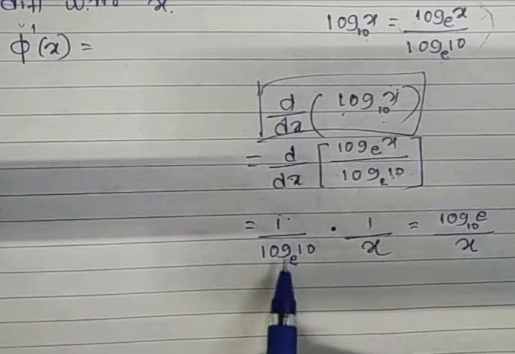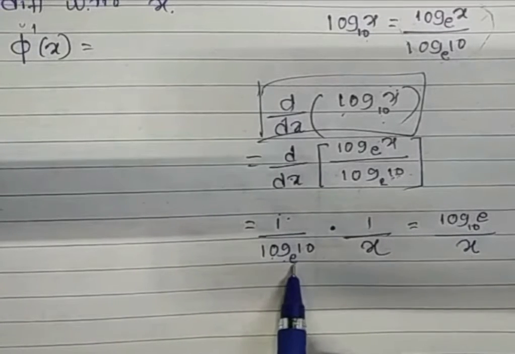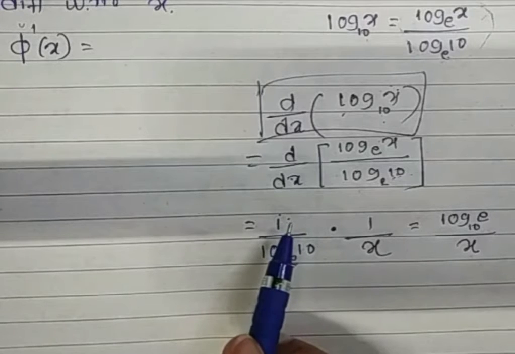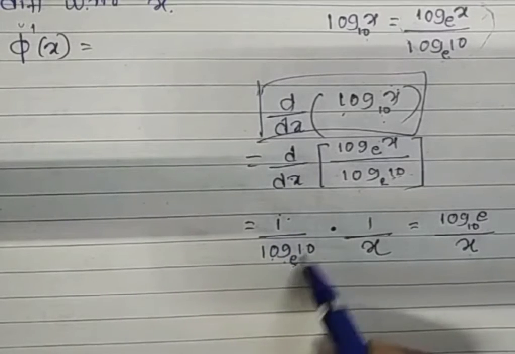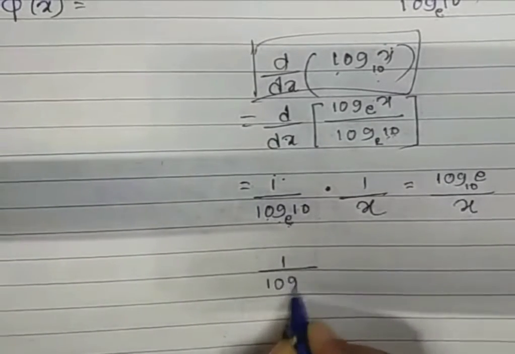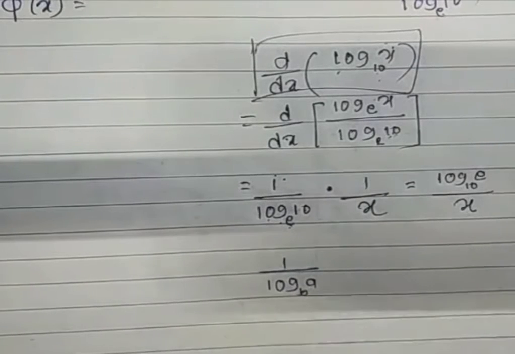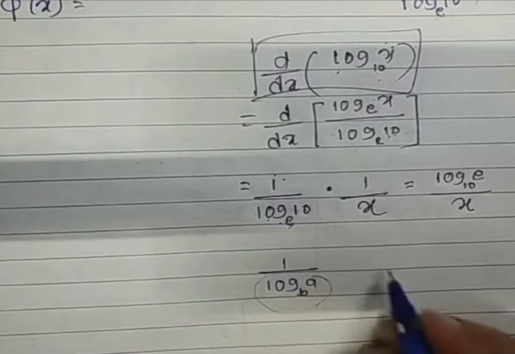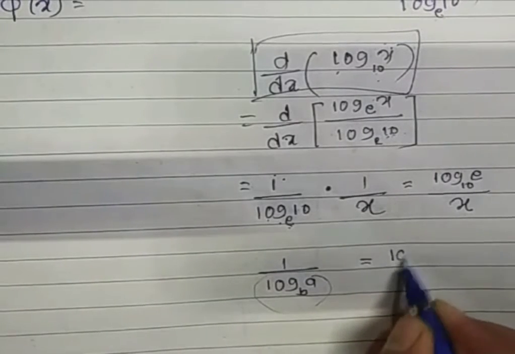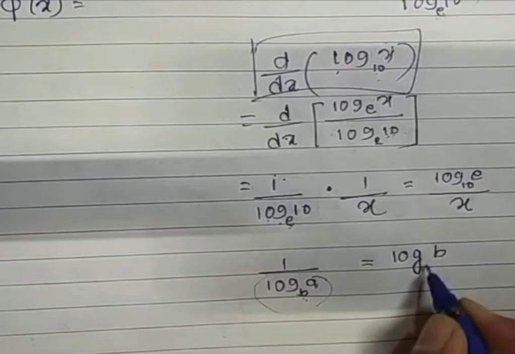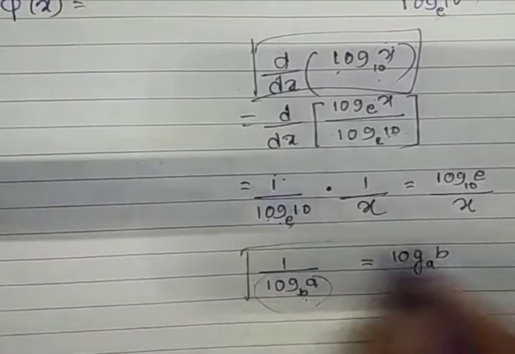See, this 1 divided by log 10 to the base e, we are writing in the numerator. If you are writing it in the numerator, then these two we need to interchange. For example, suppose we have 1 divided by log a to the base b, and this term, if I am writing in the numerator, then this will be log b to the base a.